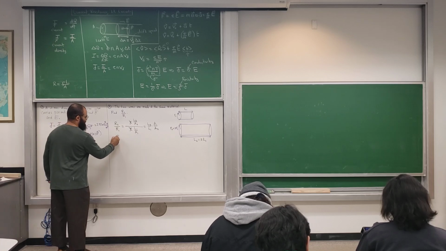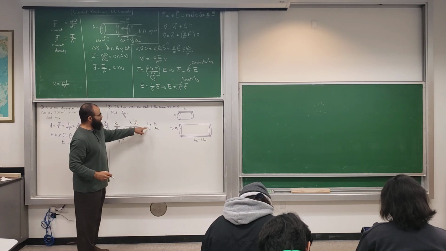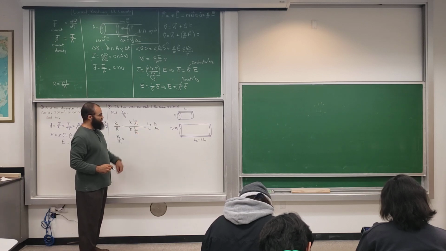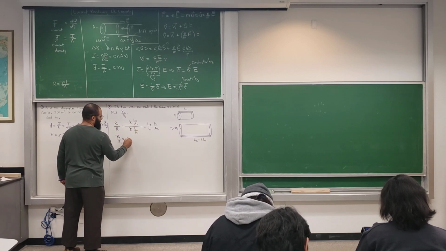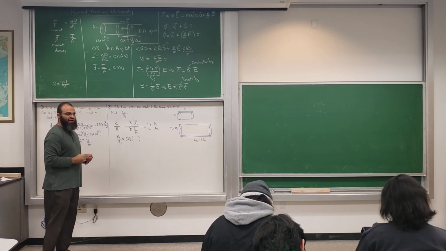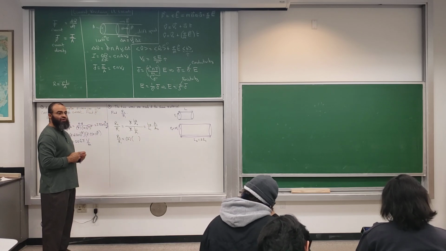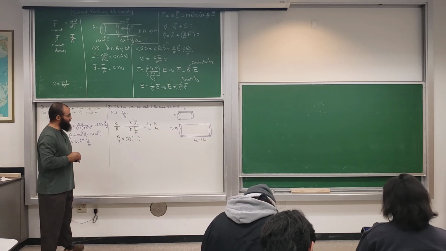So we get R2 over R1. L2 over L1 is what? 2. Yeah, L2 is twice L1. So the first one you get 2. How about the ratio of their areas, A1 over A2? It's 1/4, because you double the radius, you quadruple the area.